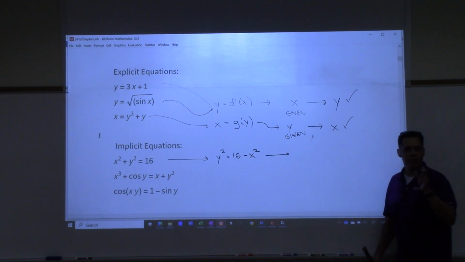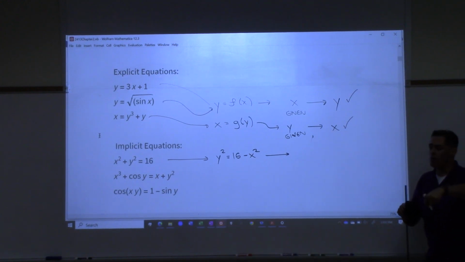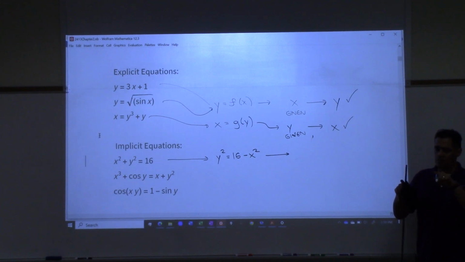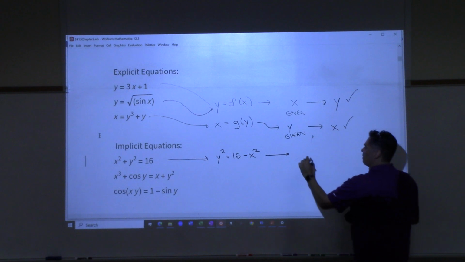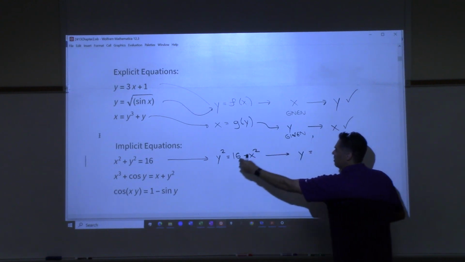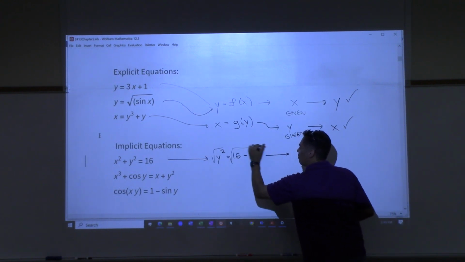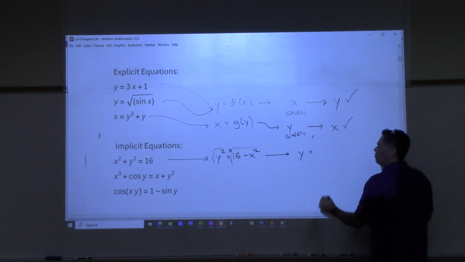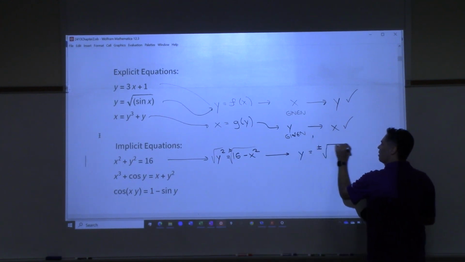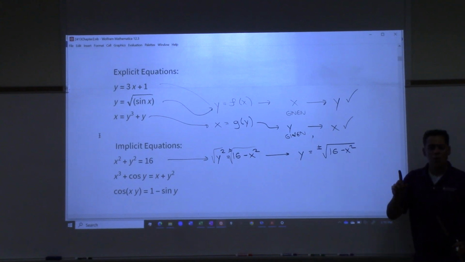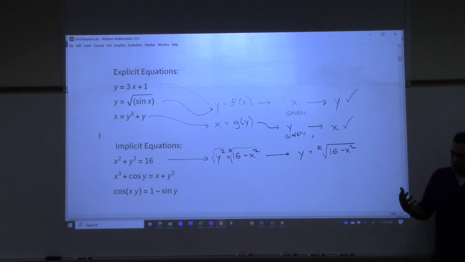What happens when you bring a square root on both sides of an equation? What do you have to do? Plus or minus, right? If you initiate a square root on the left and a square root on the right, you must do plus or minus, which means this is plus or minus this, right? And this is no longer a function. Why?